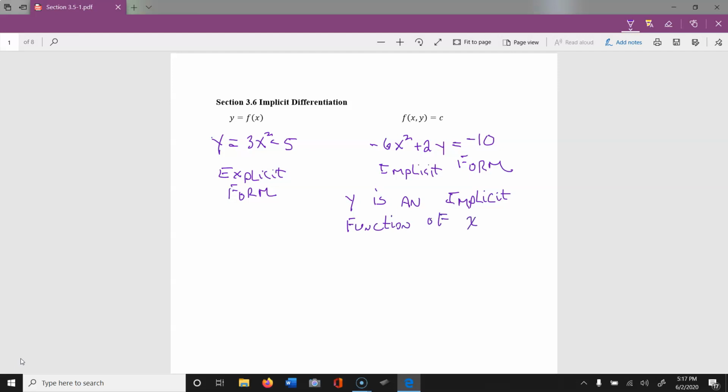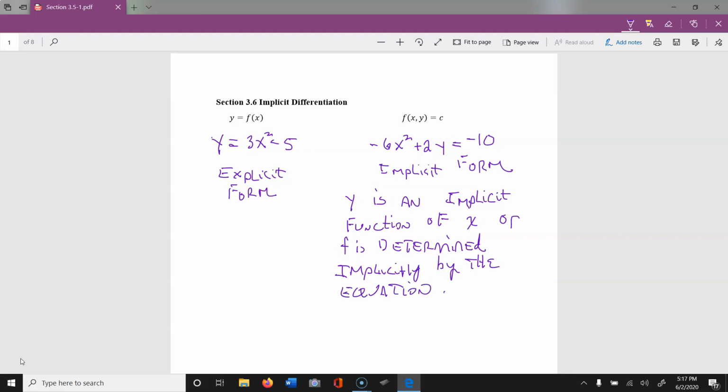Or another way you could say this is f is determined implicitly by the equation.